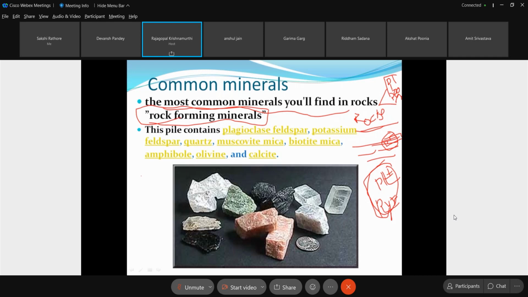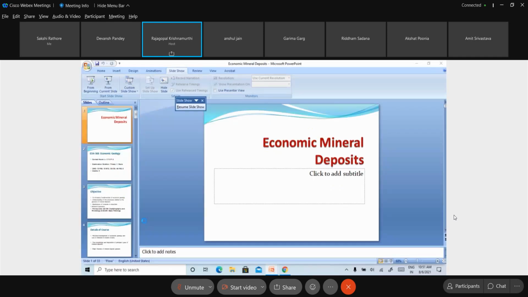You will have a lot of granite, like what Anshul said. Granites you can see megascopically also, if you're an expert. You will see quartz, like he said. You can see quartz, plagioclase feldspar, muscovite. So these are called the rock forming minerals.